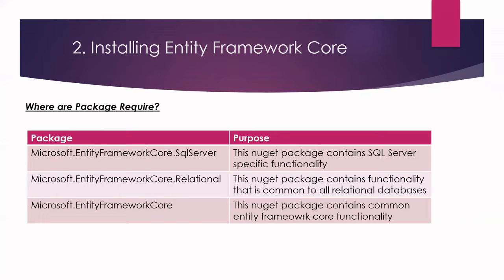Next is Microsoft.EntityFrameworkCore.Relational, which contains the functionality common to all relational databases. If you use any other database, you need this relational package. Then we require Microsoft.EntityFrameworkCore, which contains the common Entity Framework Core functionality required for our application.